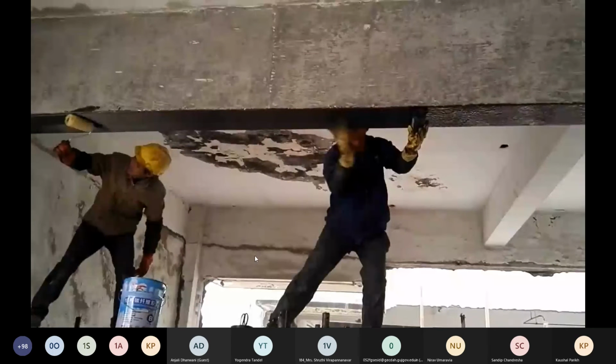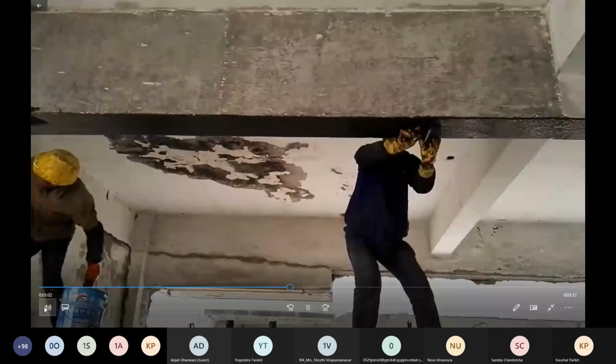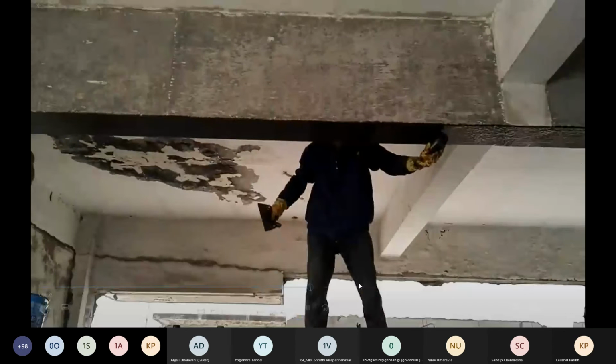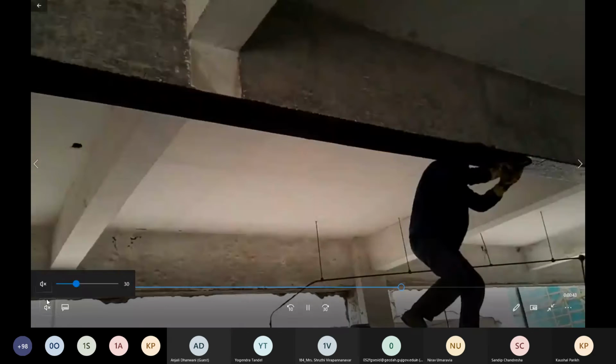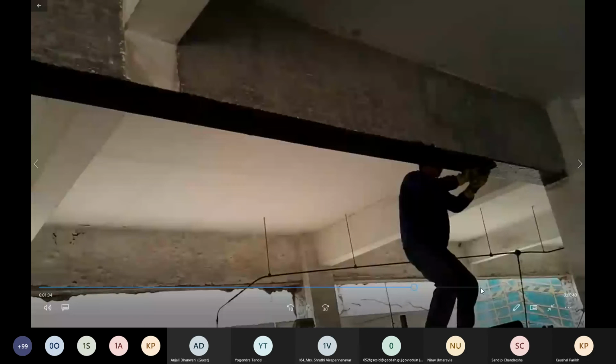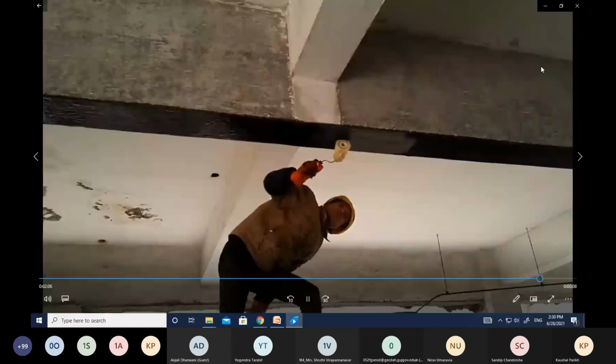And then once again on the FRP, the final hardener has been applied. Next, another video for the repair of a strong column.